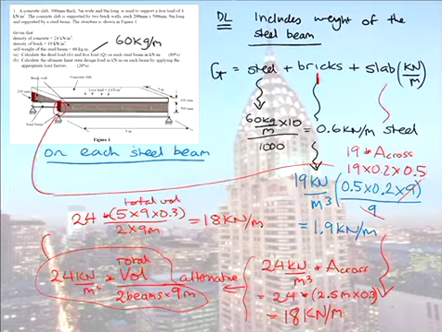Always tell yourself, remind yourself what it is you're trying to calculate. That's the brickwork plus 18 kilonewtons per metre. That's the slab. And that gives you a dead load of 20.5 kilonewtons per metre. Does that make sense? Can you see where I pulled everything from?